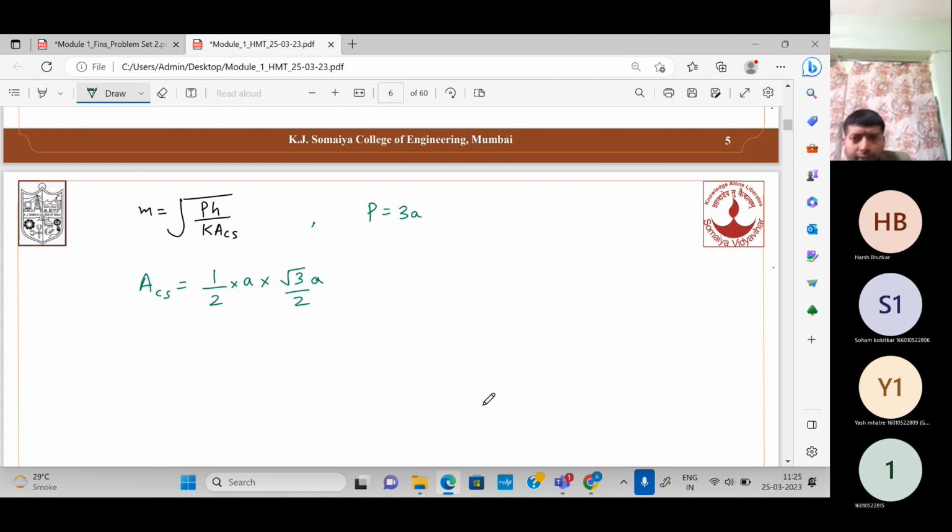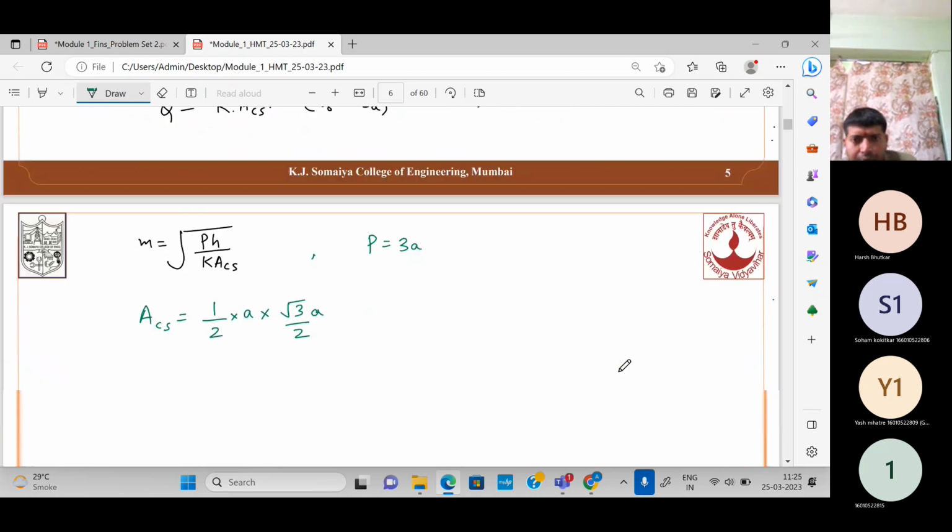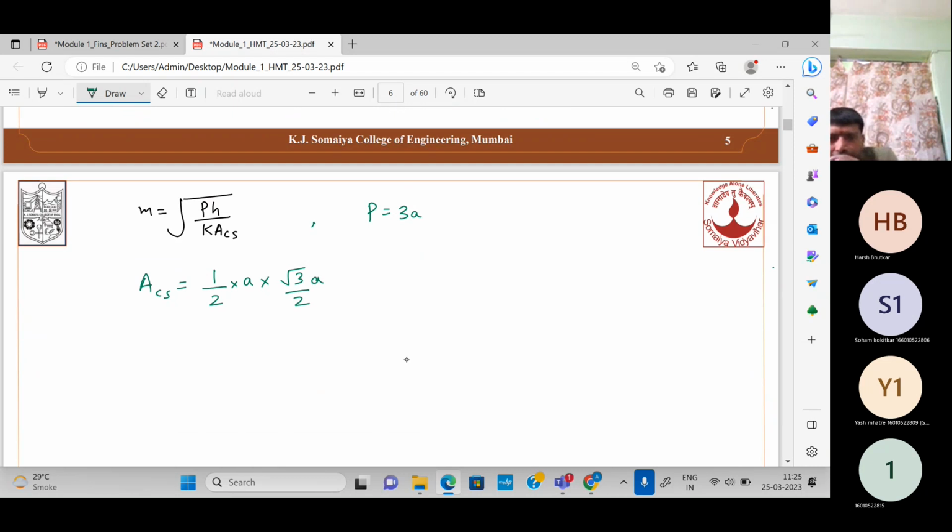Let's find it: the base is a, and the height line cuts it so that one half is a by 2. Apply Pythagoras theorem: a square plus a by 2 whole square plus this h. Let's see here how we find it for the triangle.